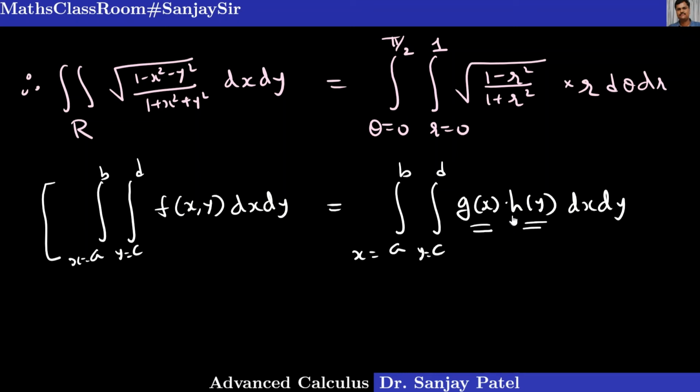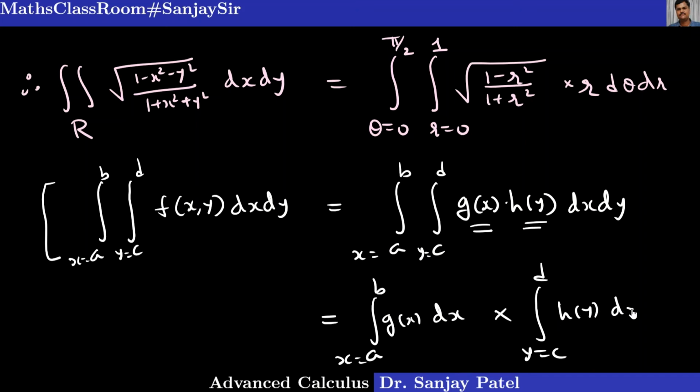If you can express f of x y as the product of two functions where one function does not contain the parameter of the other function, and if all the limits are constant, then this can be evaluated by writing directly integral x is equal to a to b of g of x dx into integral y is equal to c to d of h of y dy.